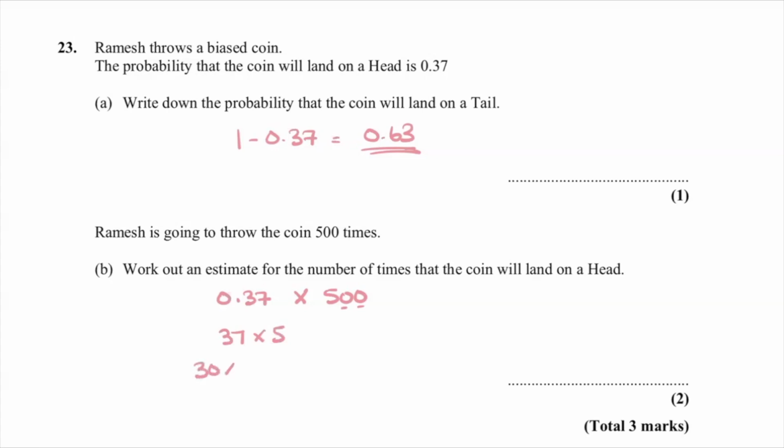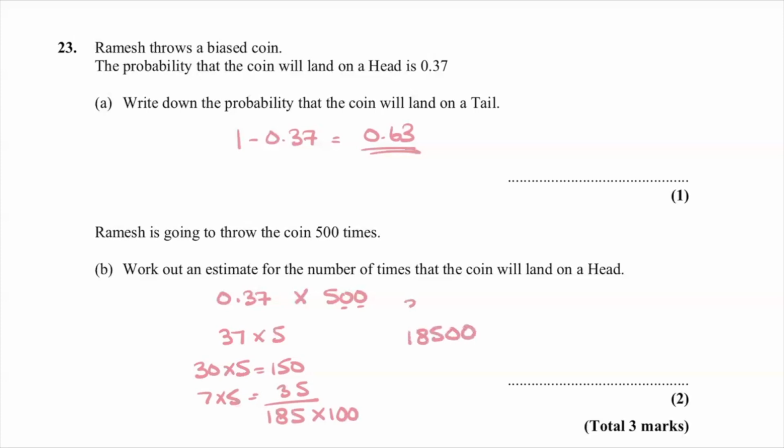Breaking it up into 30 times 5, which is 150, 7 times 5, which is 35, and they add to 185. But of course, I shouldn't have been multiplying just by 5. It should have been by 500. So if I want to correct that, I'll times that through, and then that's going to give me 18500.